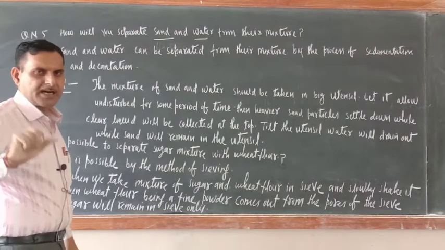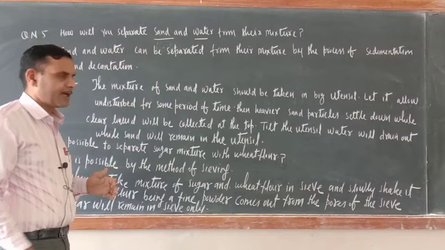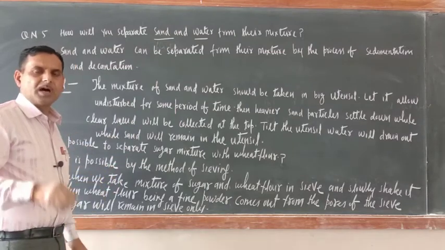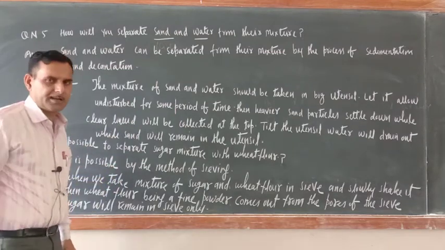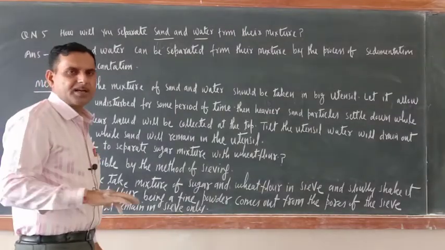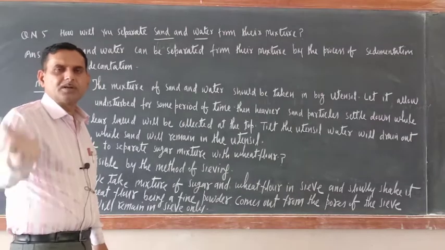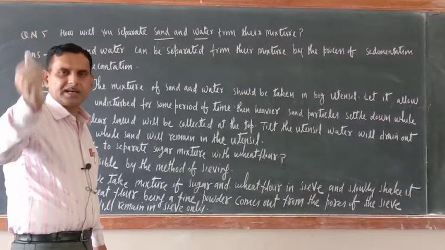The mixture of sand and water should be taken in one big pot or utensil. Let it stay undisturbed for some period of time. Then sand, being a heavier particle, will settle down while the clear liquid will be collected.